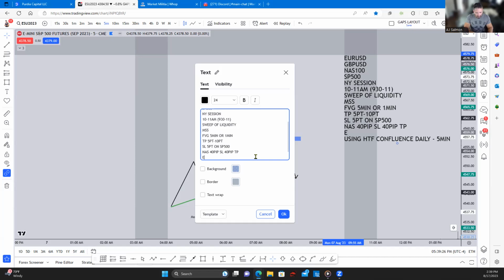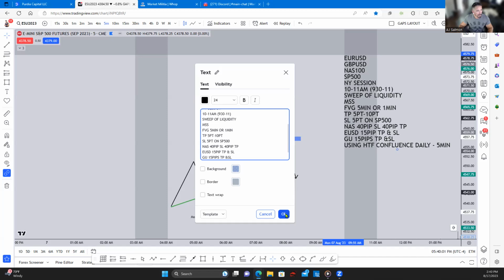Okay, on Euro USD it's going to be 15 pip TP and stop loss. Same thing for GU. GU will be 15 pips as well for take profit and stop loss.